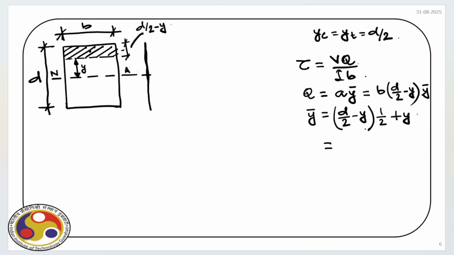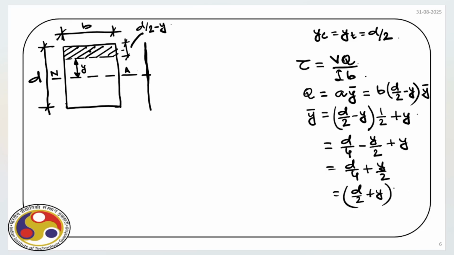So what we have here is d by 4 minus y by 2 plus y. So effectively we have d by 4 plus y by 2. In other words, we have d by 2 plus y times half.